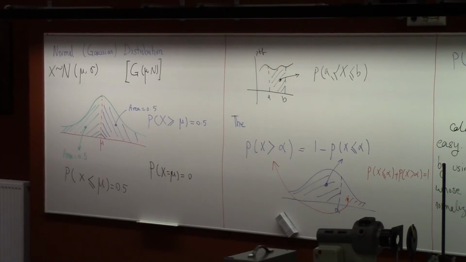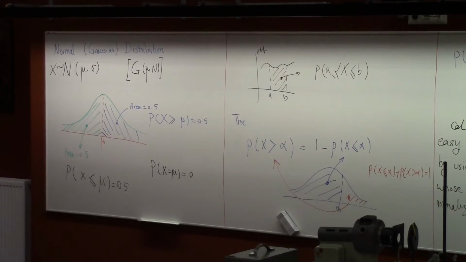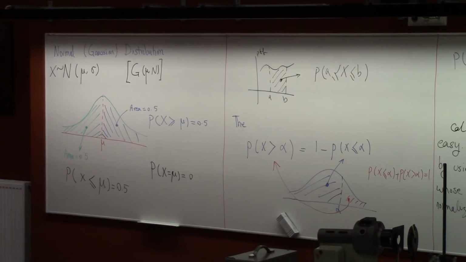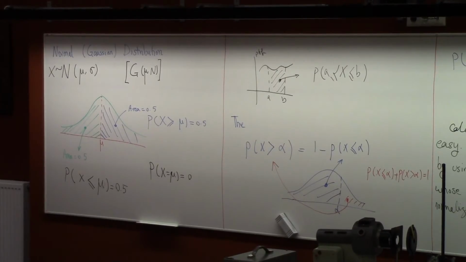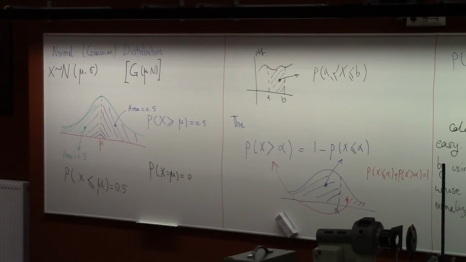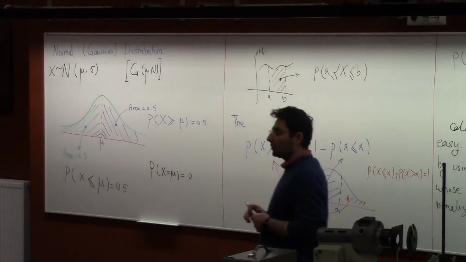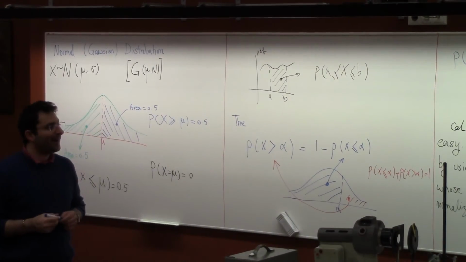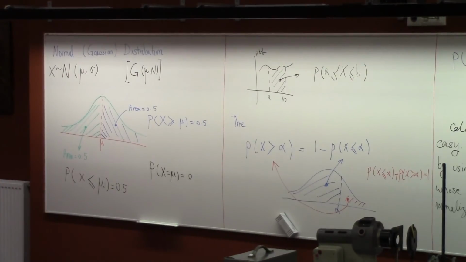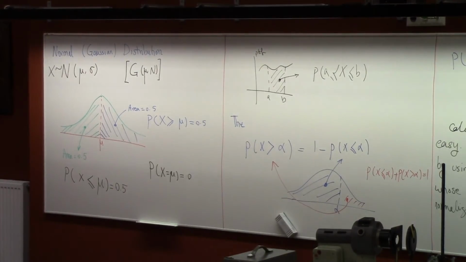Then z equals x minus mu divided by sigma is a random variable whose distribution is a standard normal distribution. In other words, it has mean 0 and a standard deviation of 1. So this is the golden formula that we have to look at.